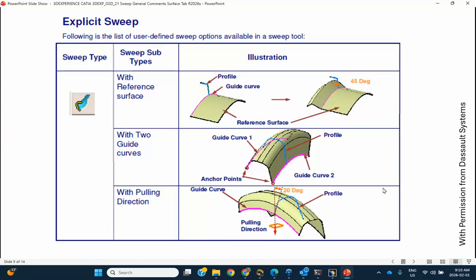Okay. Now, here is the case of explicit sweep, and notice that these are subtypes: with the reference surface, with two guide curves, and with pulling direction. Let me quickly tell you what this means. With a reference surface, the orientation of that plane is kept from rigid body rotation about that green axis.